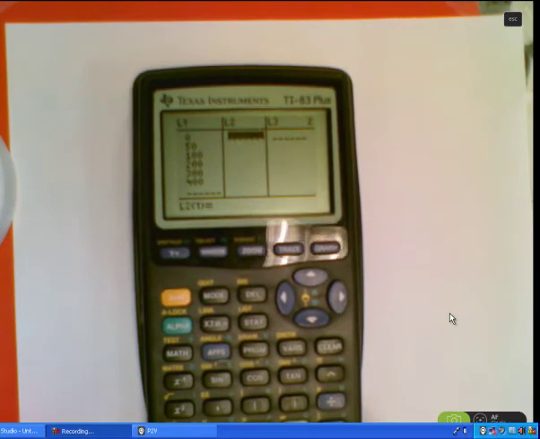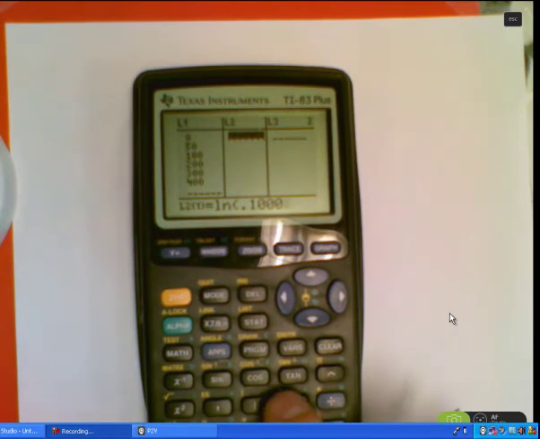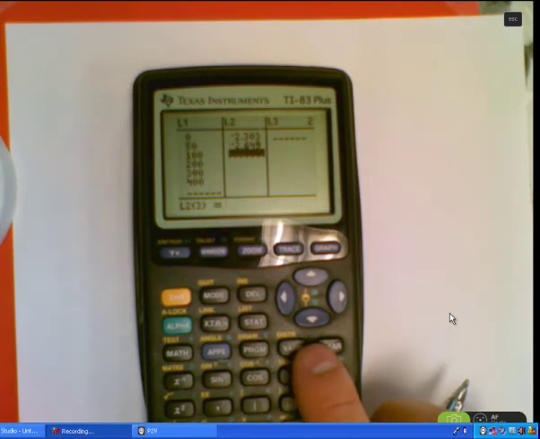So I'm going to do natural log of the value, which is 0.100, close it, enter. Then natural log, remember to hit natural log again, of 0.0707, close it, enter, it calculates it for me.